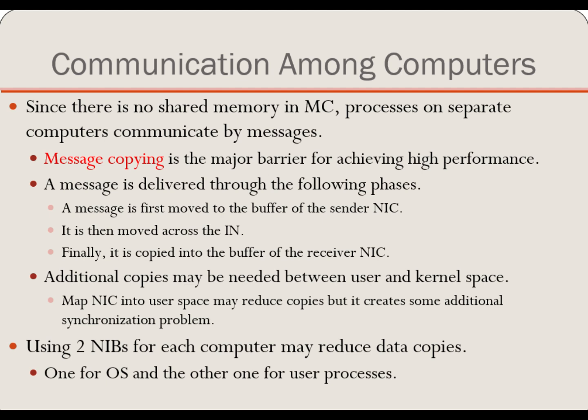But anyway, the purpose is to reduce the actual copying from user memory to the network board. You try to make it only one copy, instead of two or more.